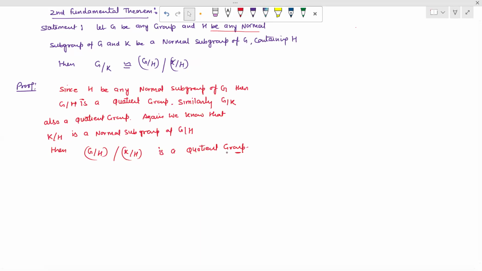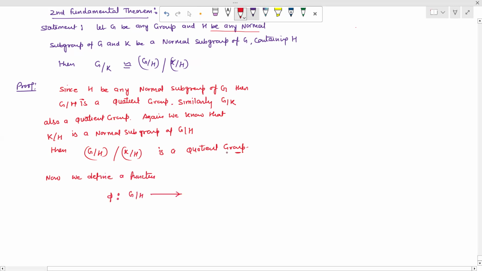Now we define a function. We take a function phi from G/H to G/K by setting phi of Hx.